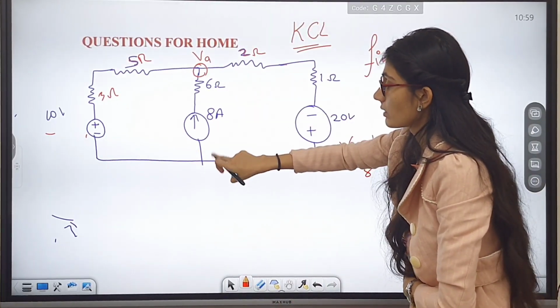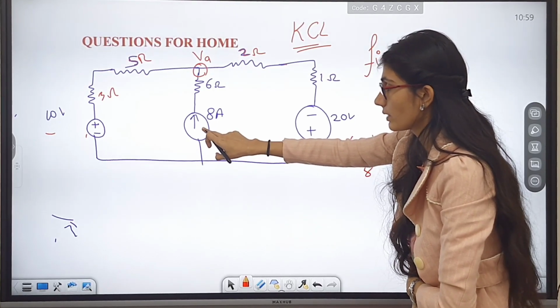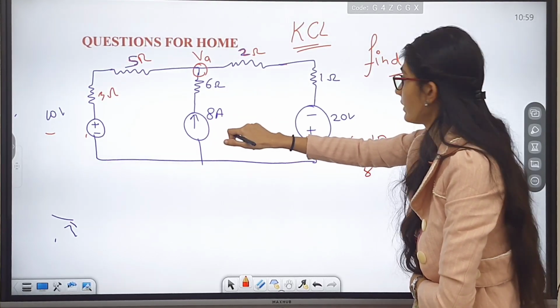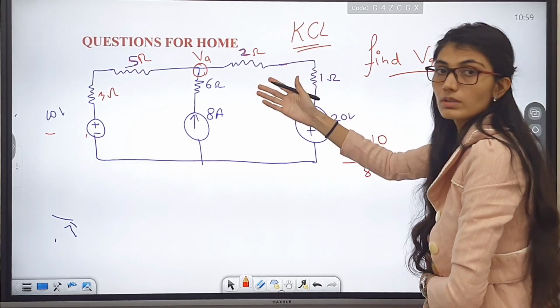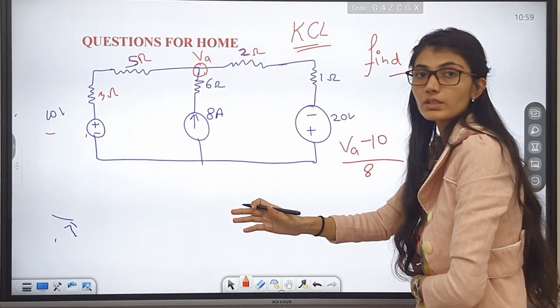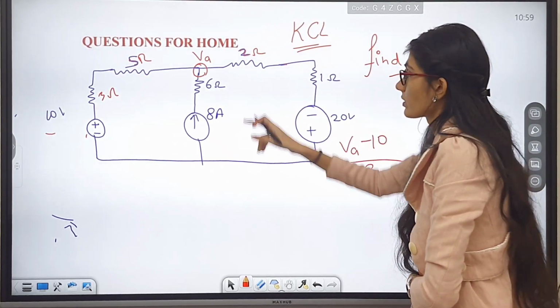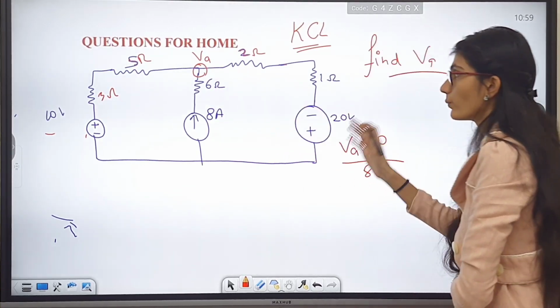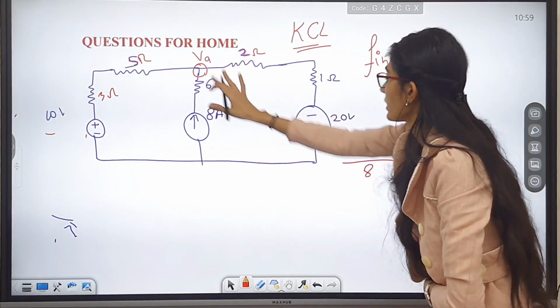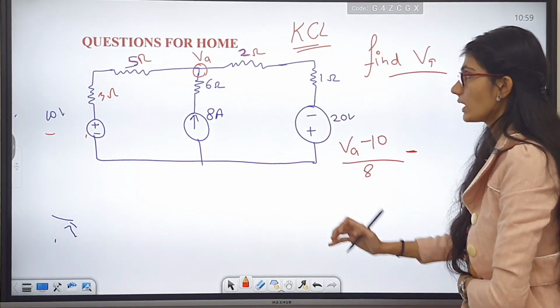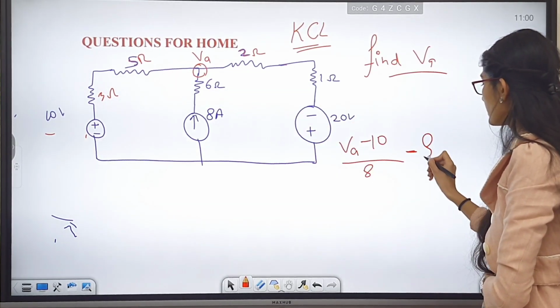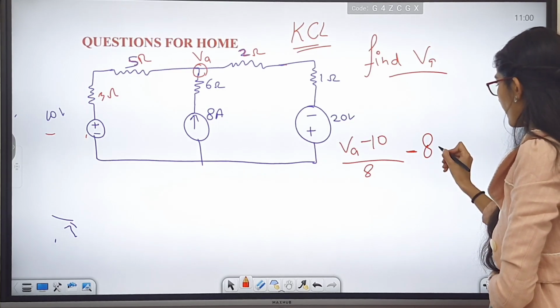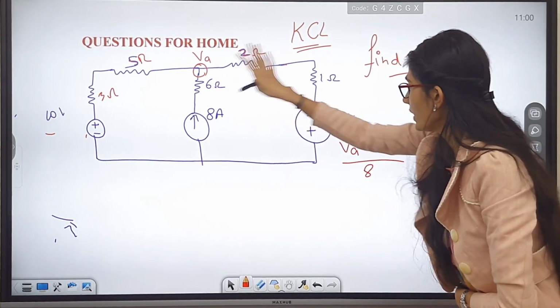I don't know what the voltage is here, but I know they have given me a current element, and KCL is about taking the algebraic sum of the currents equal to 0 at a junction. So we have been given a direct current. Instead of dealing with voltage or resistance, because it is the inflow, I will take -8 plus VA.